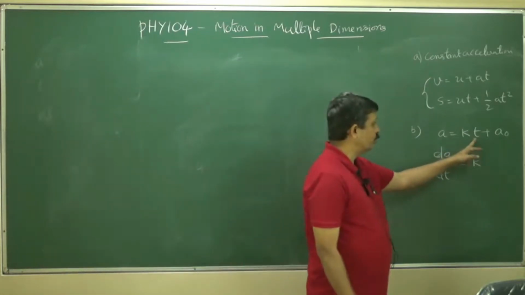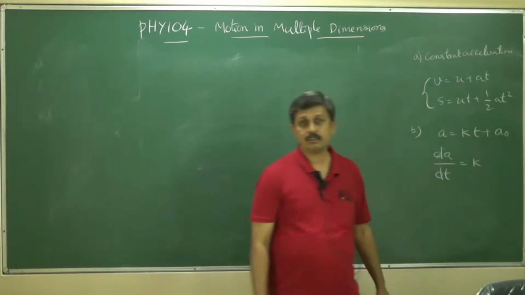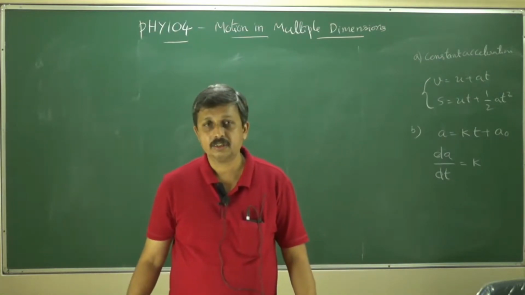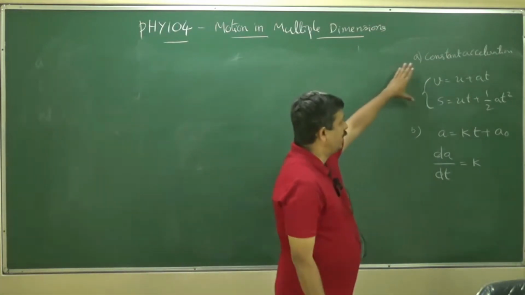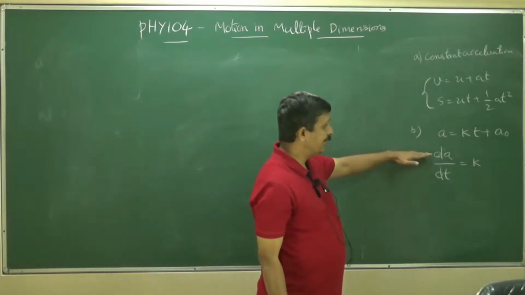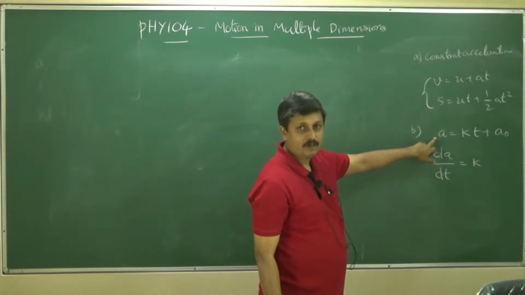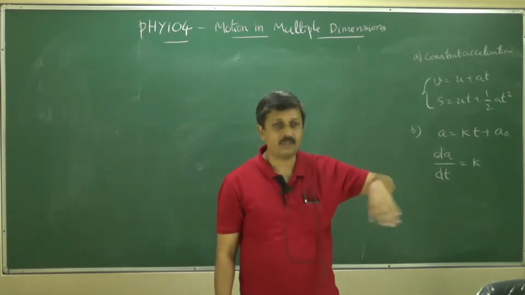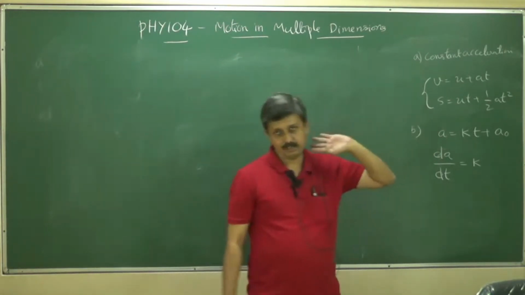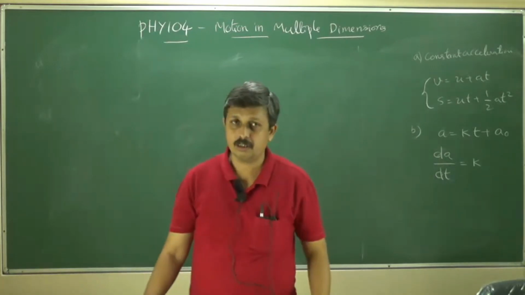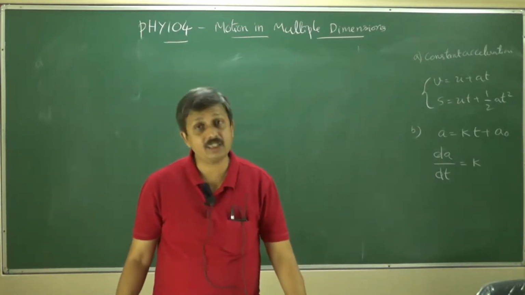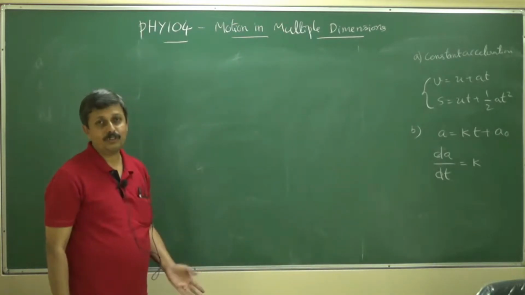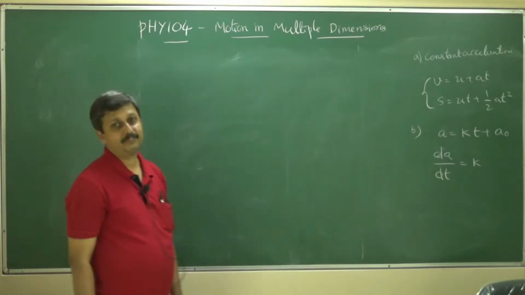That means when t is equal to 0, a should become a naught. So we are going to derive the kinematics equations for v and s. The first one I will show you, which is very easy. The second one you will do, which is not that easy.